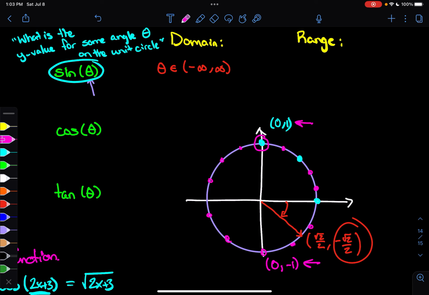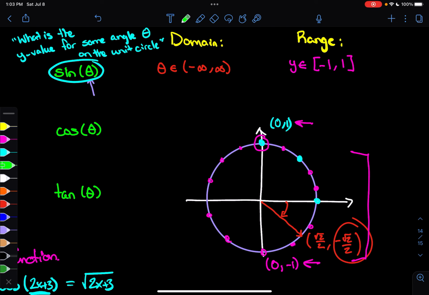And there's no other choices. You can get every number between them, but you cannot get a value of 2. Okay, you cannot get a value of 3 or something. The largest and smallest y values here are going to be essentially from -1 to 1 and anything between.